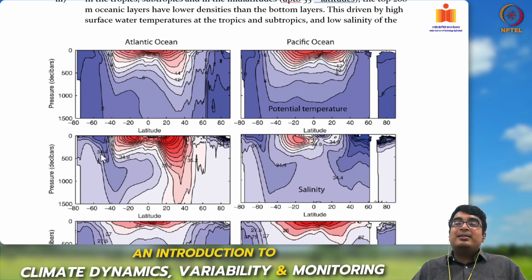This is not true in the Southern Atlantic, which is a little bit more open, where the salinity drops reasonably quickly as we go down. As we go in the Pacific, however, the salinity is high in the mixed layer but drops off very quickly as we go below, say, 500 meters or 500 decibels from the surface.